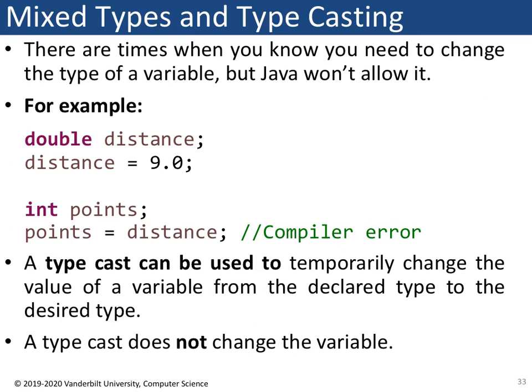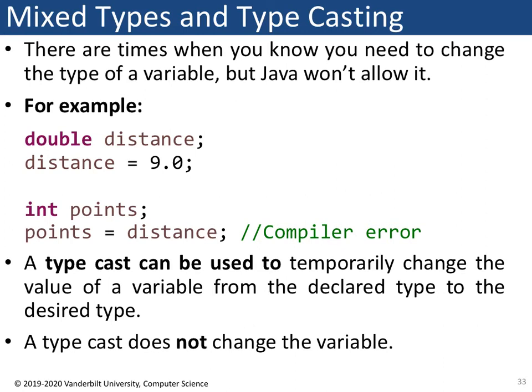So as an example, if we have some variable which is a double called distance, and we've assigned it the double value 9.0, and we have another variable which is an integer called points, and we attempt to assign the double value which is stored in distance to the variable points, the compiler is going to generate an error saying, no, you have an incorrect data type. It's in these situations that we need to make use of an operation called typecasting.